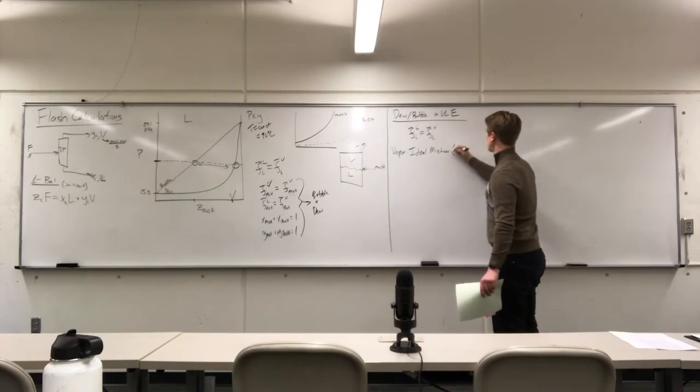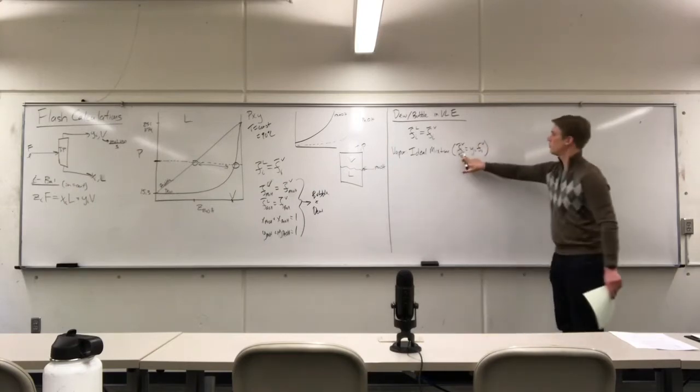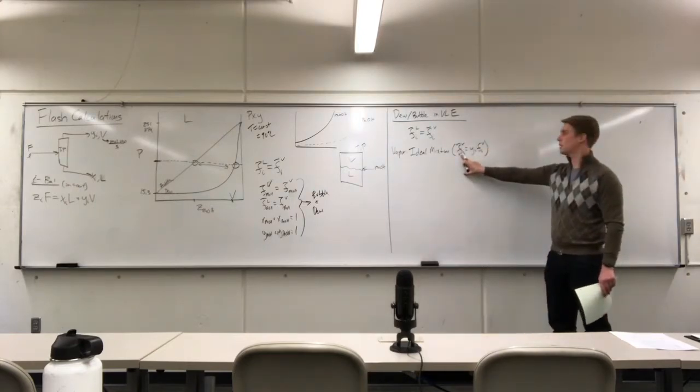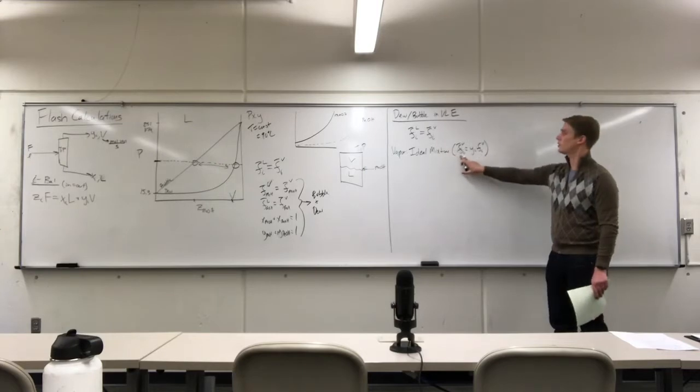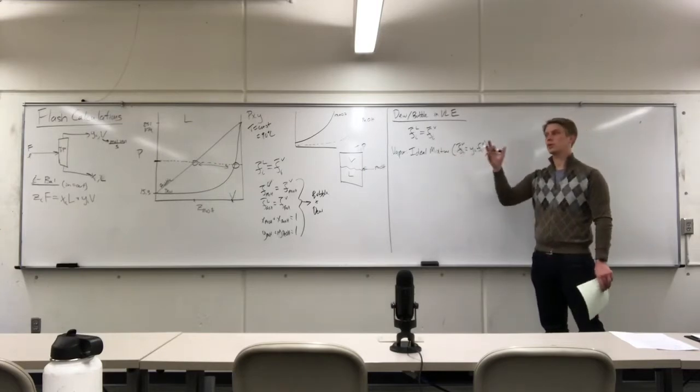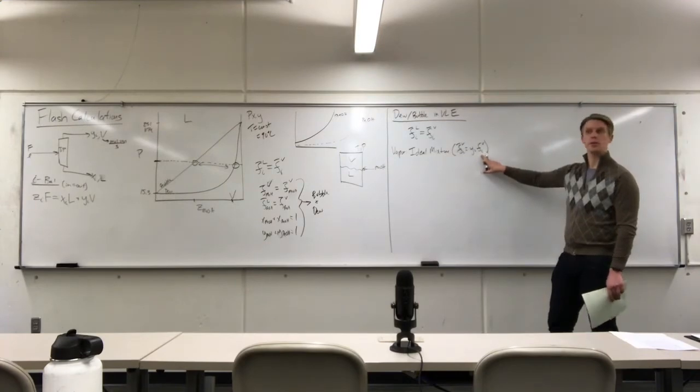An ideal mixture allows us to write the partial fugacity using the Lewis-Randall rule, where the partial fugacity of species i can be approximated as the mole fraction times the pure species fugacity. Partial fugacity is going to be a function of temperature, pressure, and composition. Pure fugacity is only going to be a function of temperature and pressure.